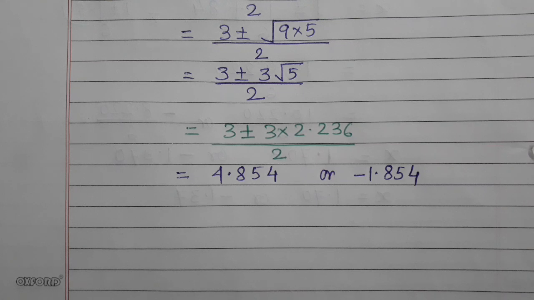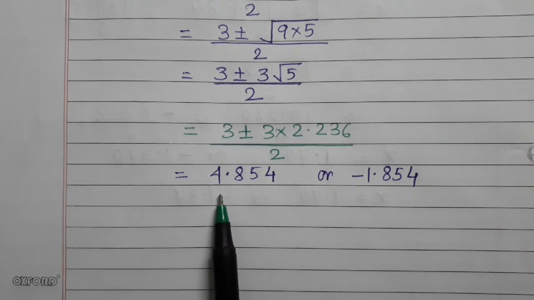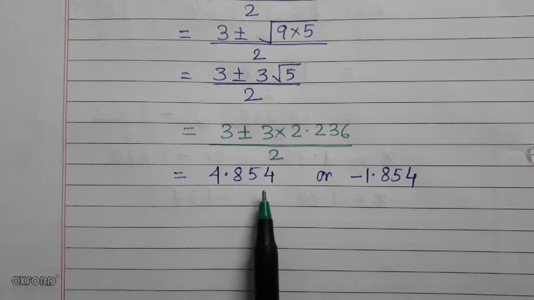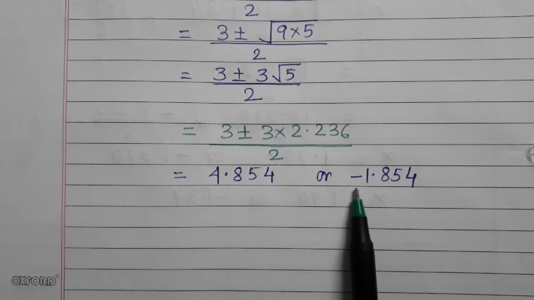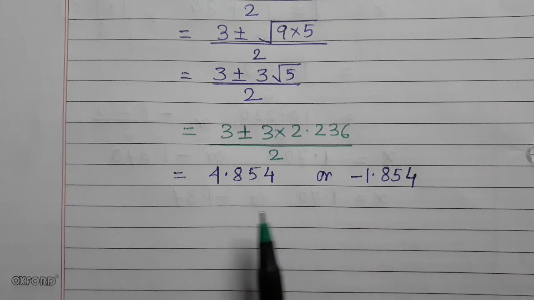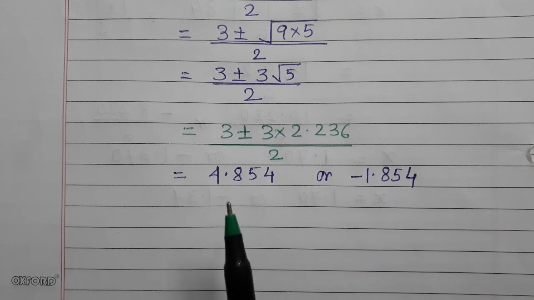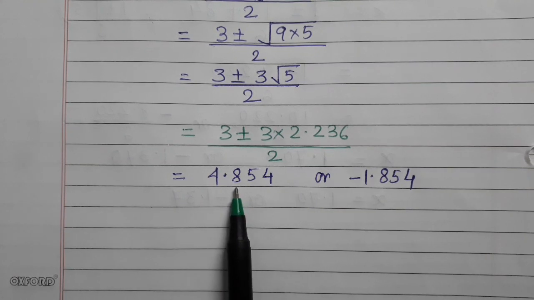or -1.854. Now significant figures means the digits which carry meaningful contributions. Here in these numbers all the digits are carrying meaningful contributions, so all the digits are significant figures. Two significant figures means 4 and 8.